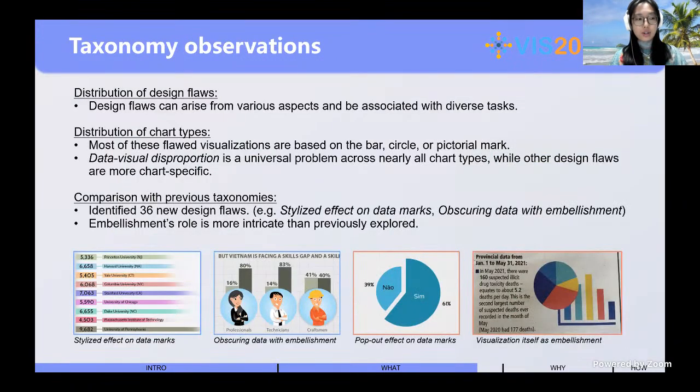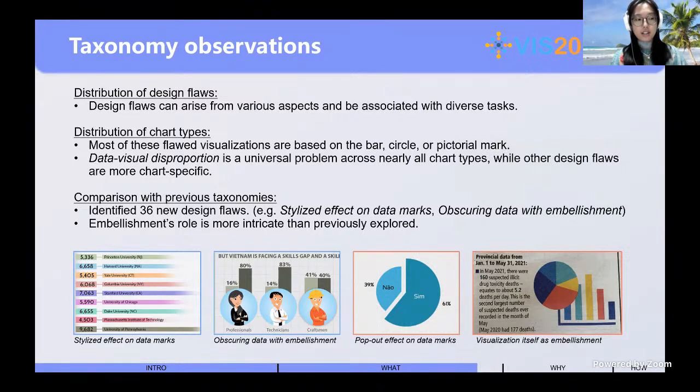By analyzing the frequency of these flaws, we found that high-frequency design flaws occur across various tasks. We also identified 36 new design flaws, particularly in the unsociability category. This suggests that the visualization is not just a technical tool, but a medium intertwined with social factors.